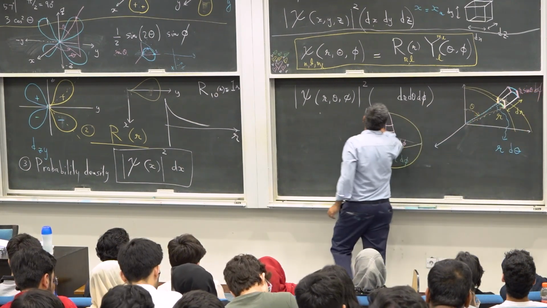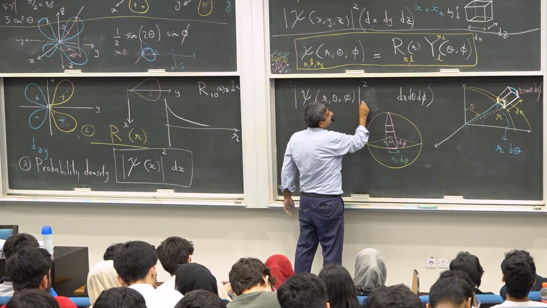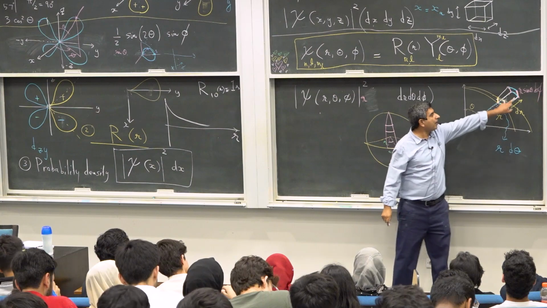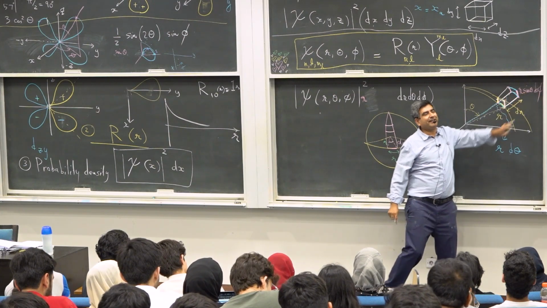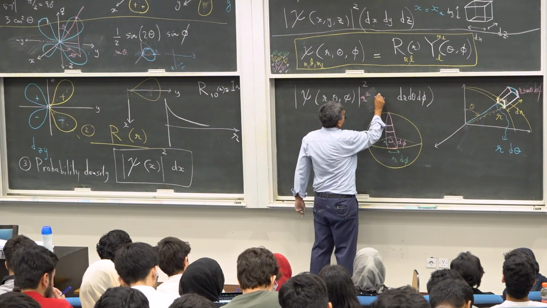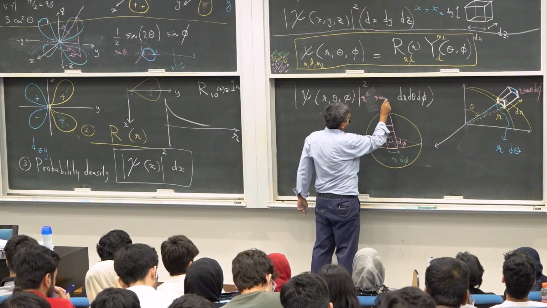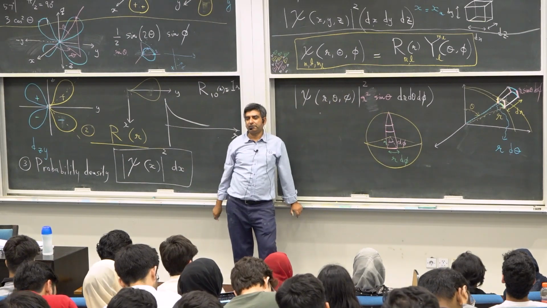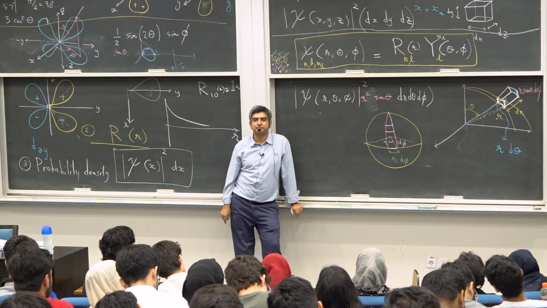Therefore, my volume element is r dθ times r sine theta dφ, times dr. It's r squared sine theta dr dθ dφ. This is my volume element.